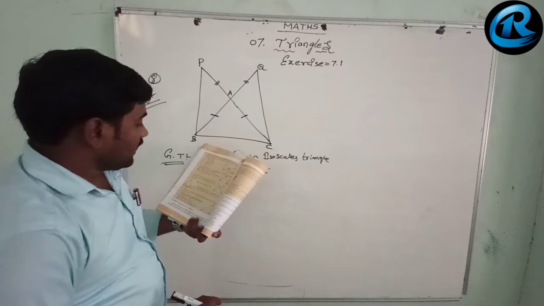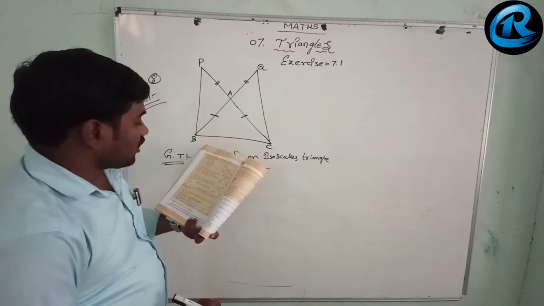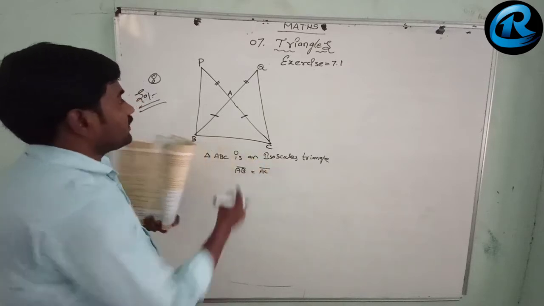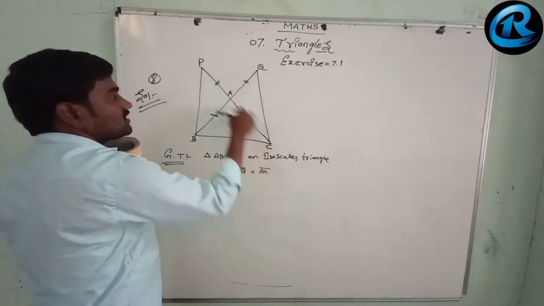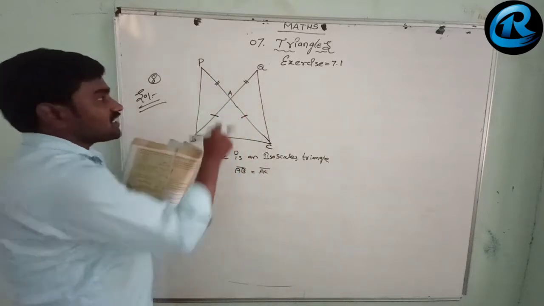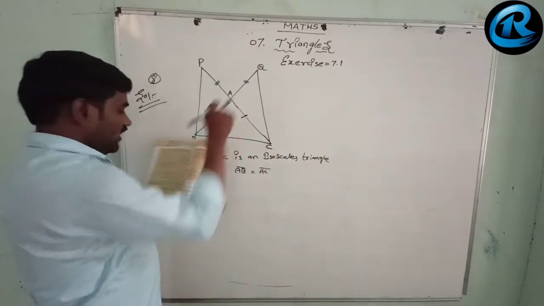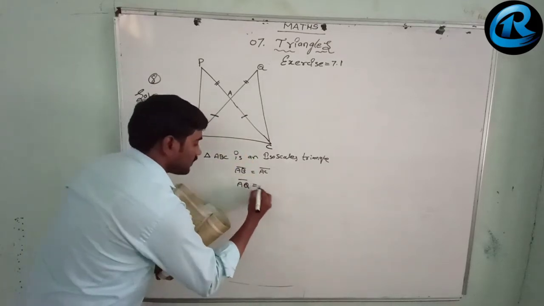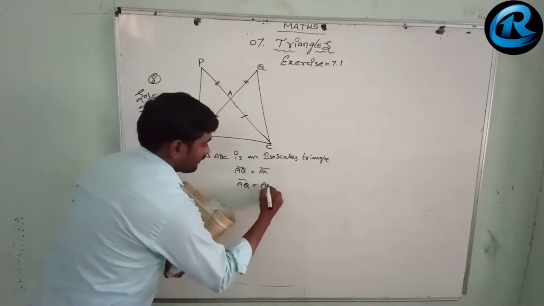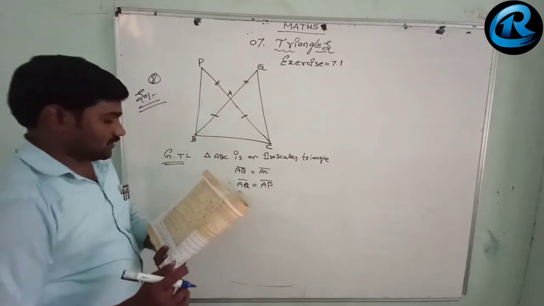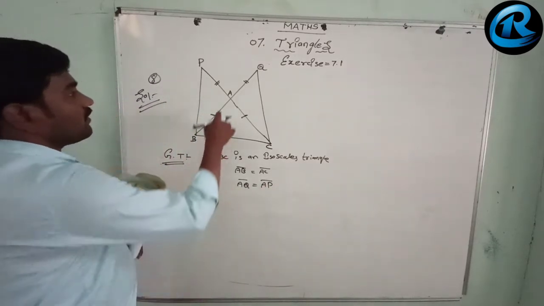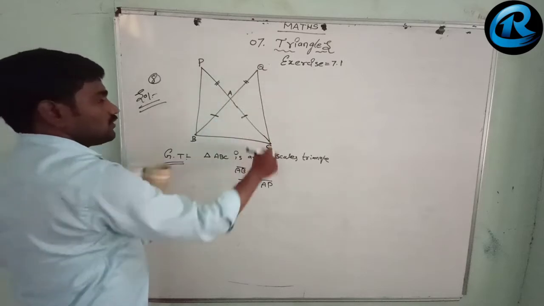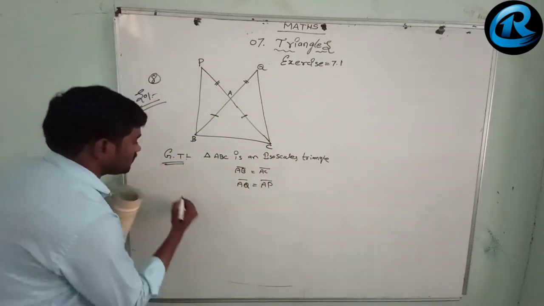Then BA and CA are produced to Q and P, such that AP is equal to AQ. So that PB is equal to QC. This is what we have to prove, the RTP.